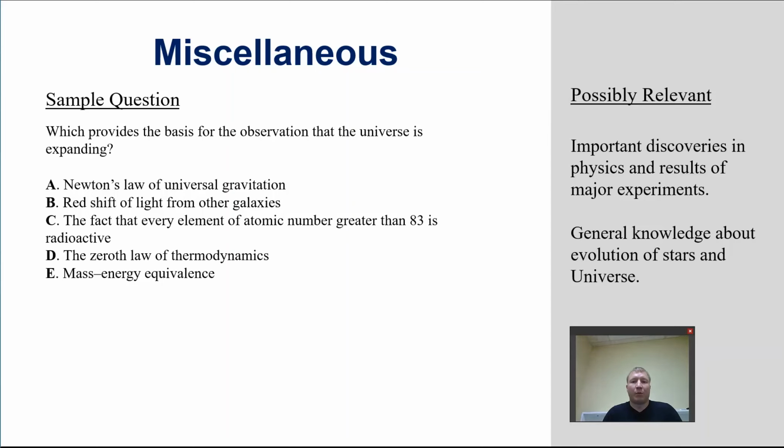So being able to apply physics in real life situations and something like that. This section shouldn't take more than 10% of the test, and typically it's 4 or 5%, which is like 3-4 questions on the test. And an example of such a question is given here.